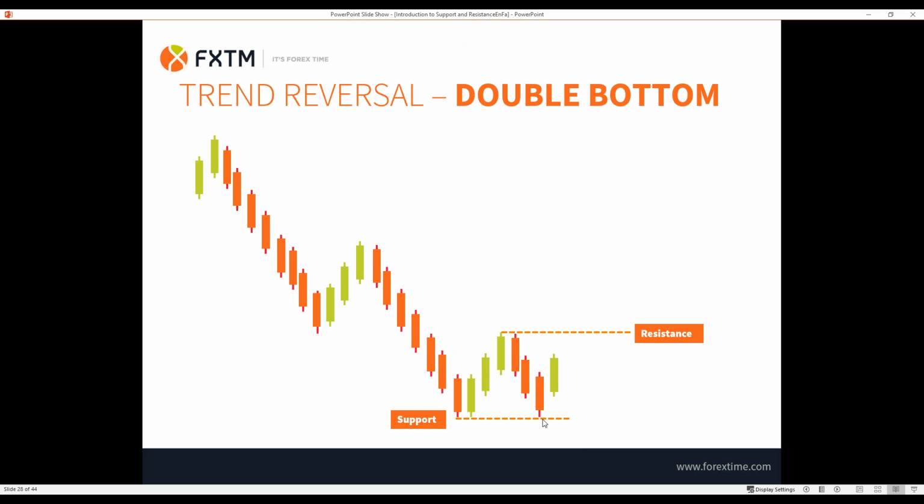And not only will prices not go lower, they will bounce up and they will break above the last resistance. And this is very nice for technical traders because now we identify a beautiful reversal. And a lot of technical traders will buy here. Very good.